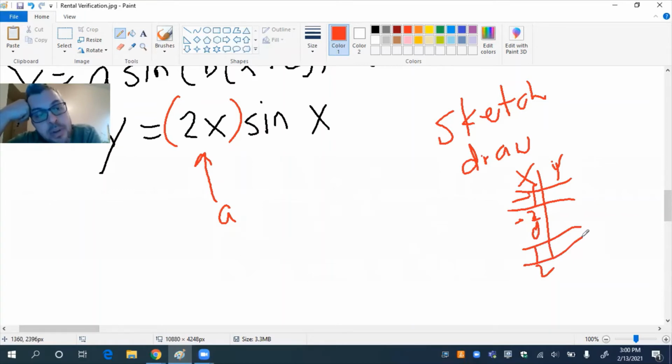So I'm not really looking at precision, I'm really just looking at these ideas of what happens when I combine different function families. So I have this a value, I'm replacing a, which is my vertical stretch, by a whole entire function. So let's look at what that vertical stretch would look like then.